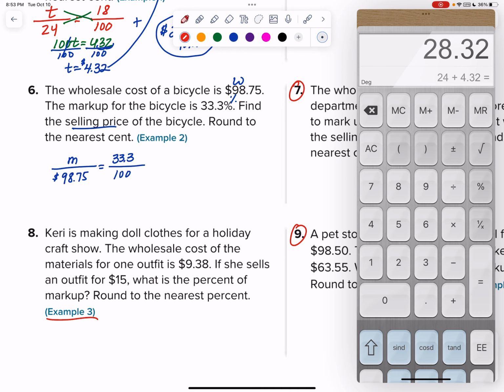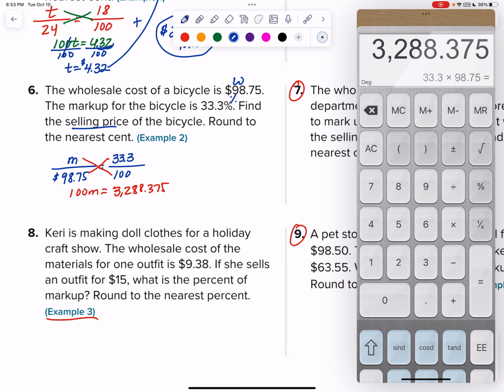Okay, let's go ahead and do means extremes to solve this. So we have 100m equals 33.3 times 98.75. And we have a nice big number here, 3,288.375.